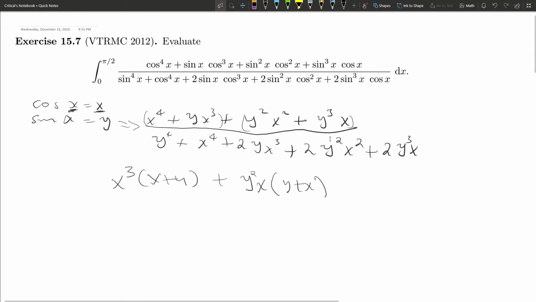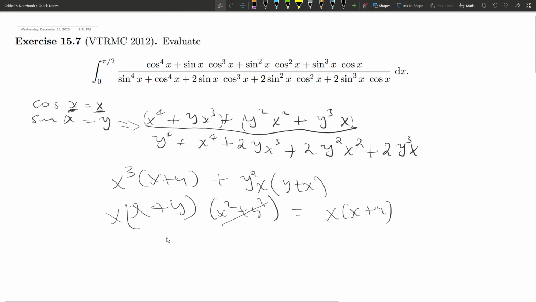So this y is coming from there, and this x is coming from this other side. Okay, and then I guess these factor to x plus y. Then we can pull out the x from there, so x times x squared plus y squared. But x is cosine x and y is sine x, and cosine squared x plus sine squared x is just 1, so this cancels out. So we have x times x plus y.